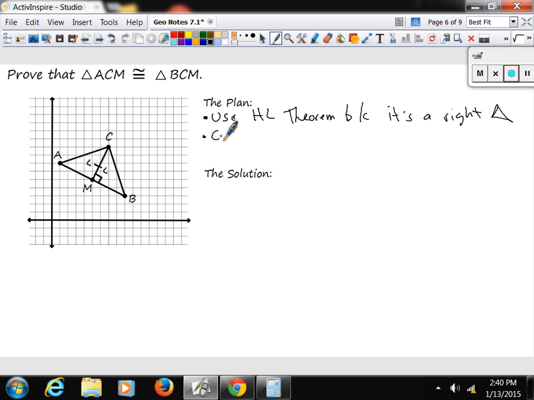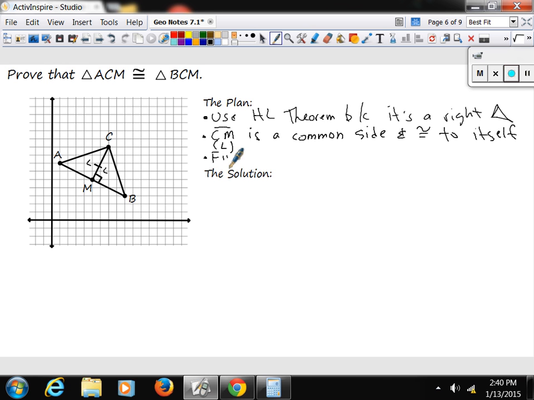Now I'm going to put CM is a common side and congruent to itself. So I already got the L. The L's done. So I'm going to even put under here that it's a leg. It's an L. So the only thing I need to do is find the length of both of the hypotenuses.